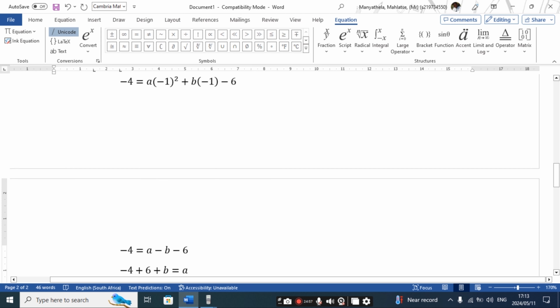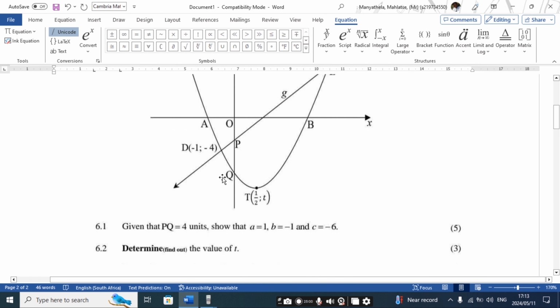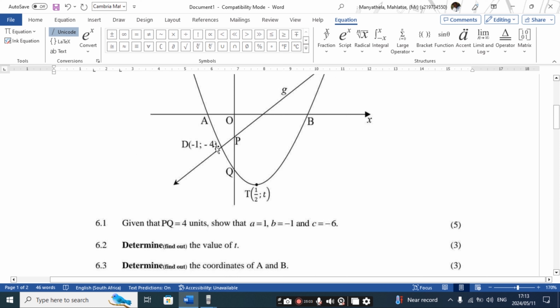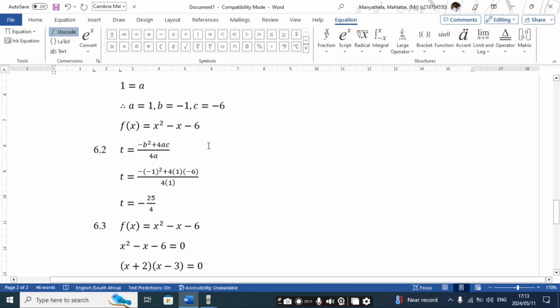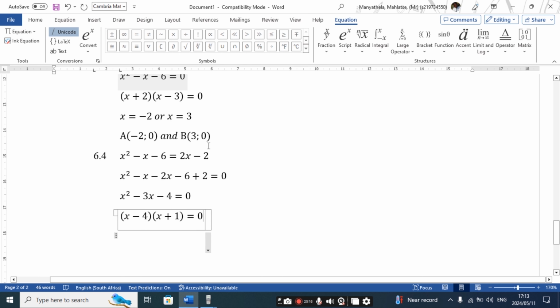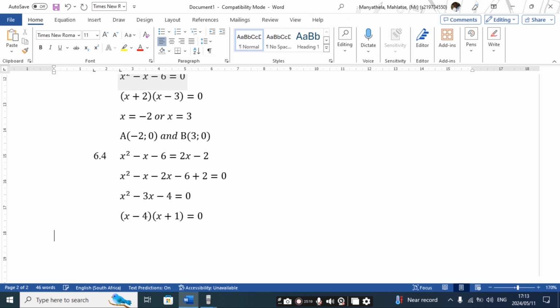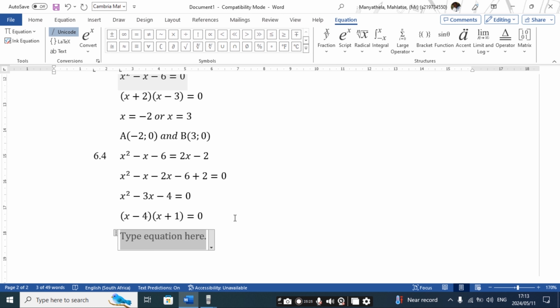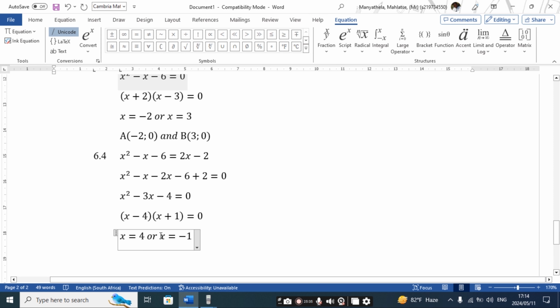And I remember I have to have x plus 1 as one of my factors, because at D I already have the x coordinate, which is minus 1. So if I have x plus 1, then I know that when I solve for x, the x value will be equal to -1. So it's very much correct. So without wasting time, let's solve for x. So x will be equal to 4, or x will be equal to -1.